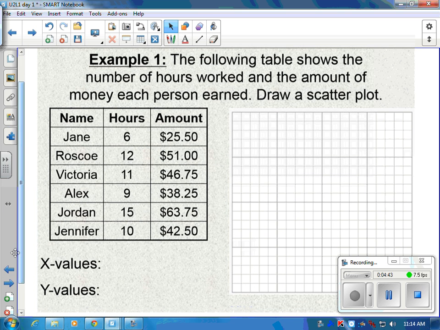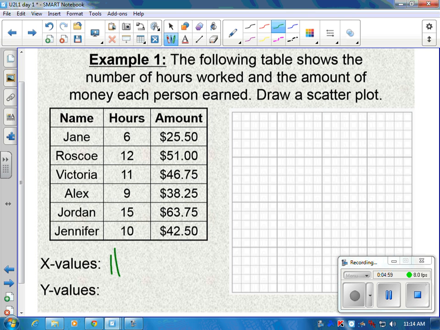So looking at this table that we are given for this example number 1, what are my x values going to represent in this problem? Seth? Hours. So my x values are going to be the number of hours. Which means what are my y values going to be, Jacob?